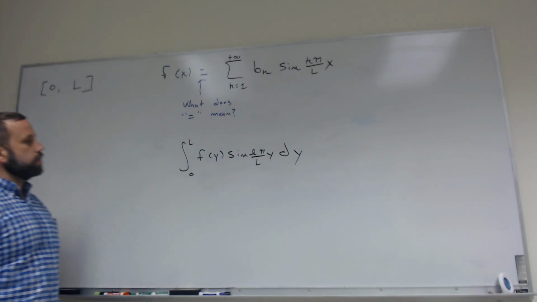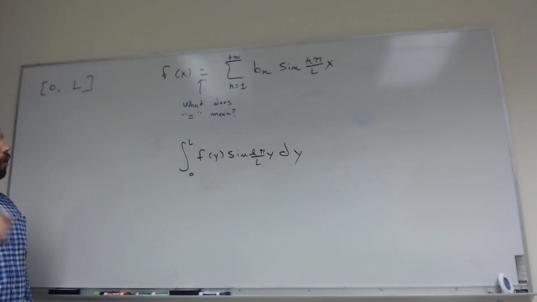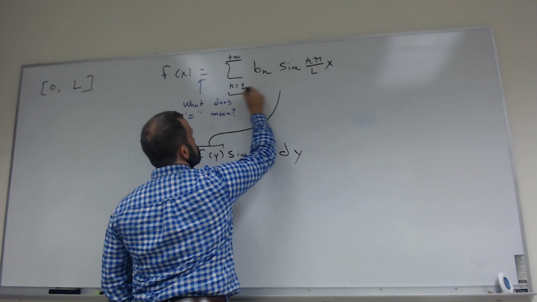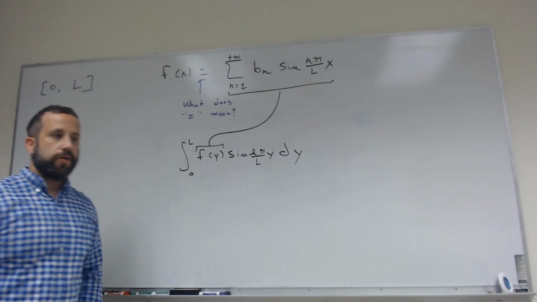We were doing integrals like this. And so really the only thing that we need to be able to do is replace the function f here with this sine series here.